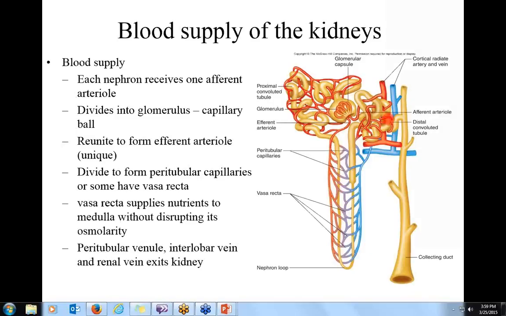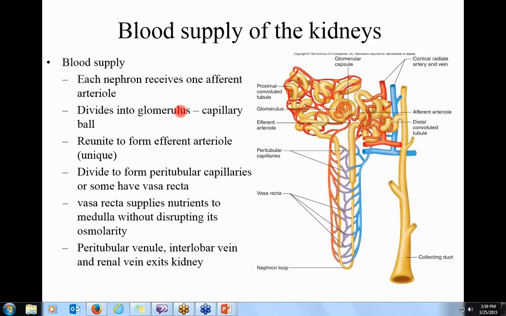Now the nephron, which is here, again I'm on the right, this is the functional unit of the kidney, and each nephron receives one afferent arteriole. Again, afferent means going towards something. In this case, the afferent arteriole is going to a special capillary ball called the glomerulus.